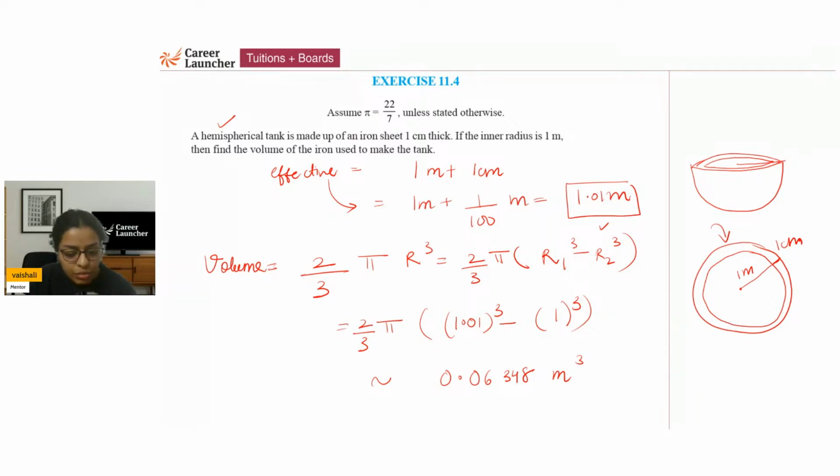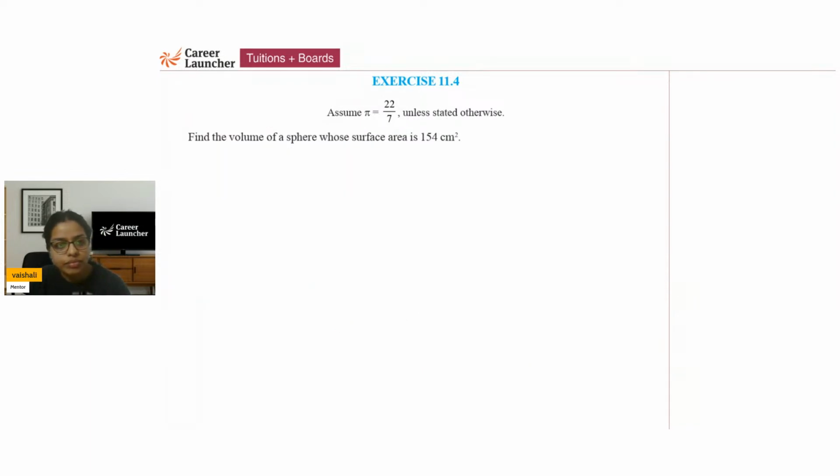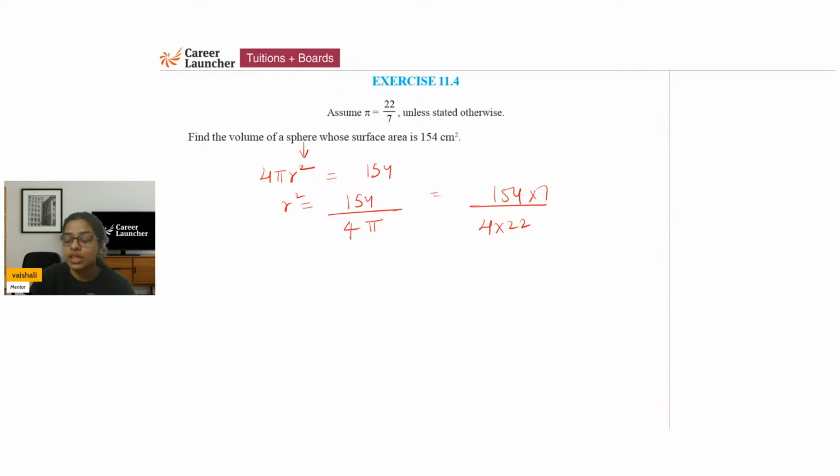Now let's move on to the next one. What is the volume of a sphere whose surface area is 154? If you remember, the surface area of a sphere is 4 pi r square, and it is given that 4 pi r square is equal to 154. So r square will be 154 divided by 4 pi, and now I'm substituting the value of pi as 22 by 7, because it is not specified that I have to take 3.14.